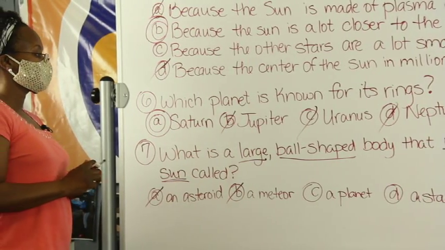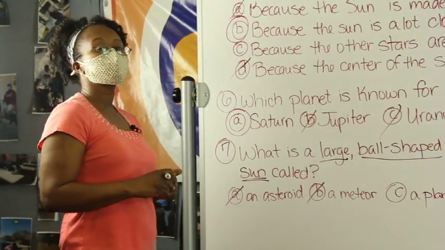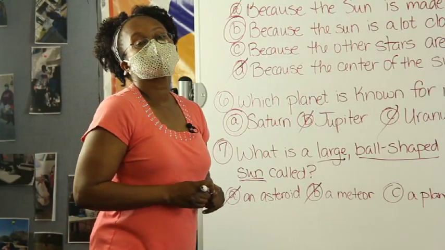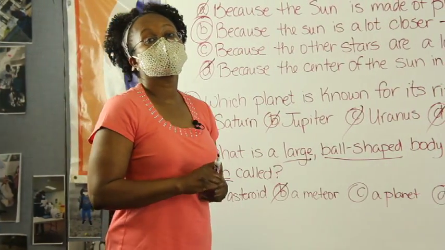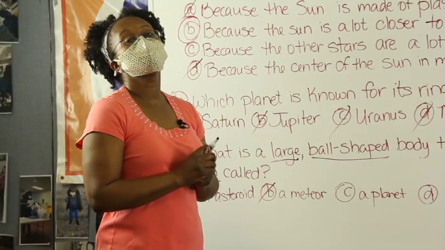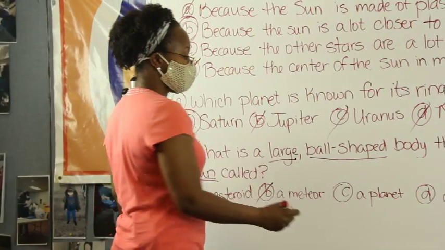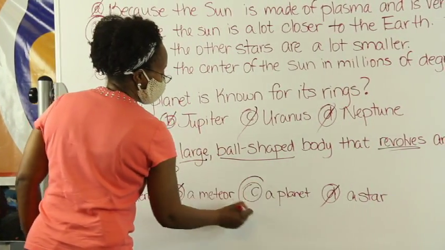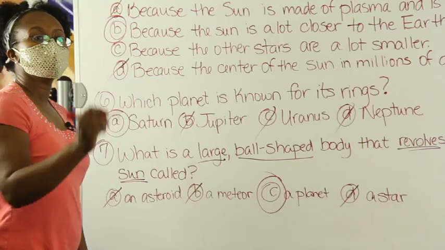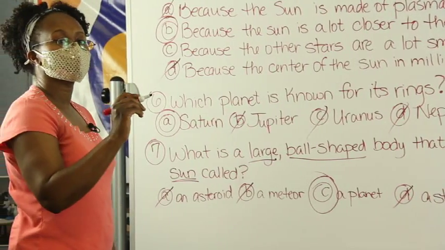Does a star revolve around the sun? A star does not necessarily revolve around the sun, and the sun is a huge star anyway. So I think the best answer right now would be a planet, because what do planets do? They move around the sun in an orbit, okay?